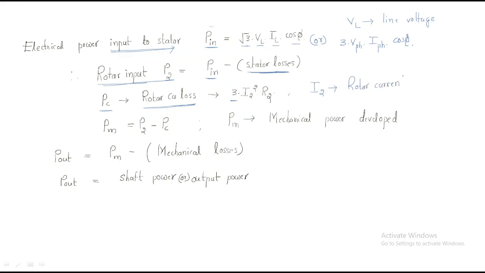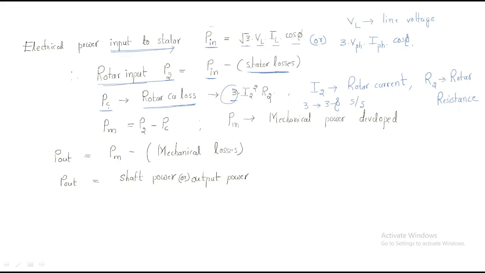R2 is the rotor resistance. The 3 means a 3-phase system, 3-phase windings, which is why we add 3 here.